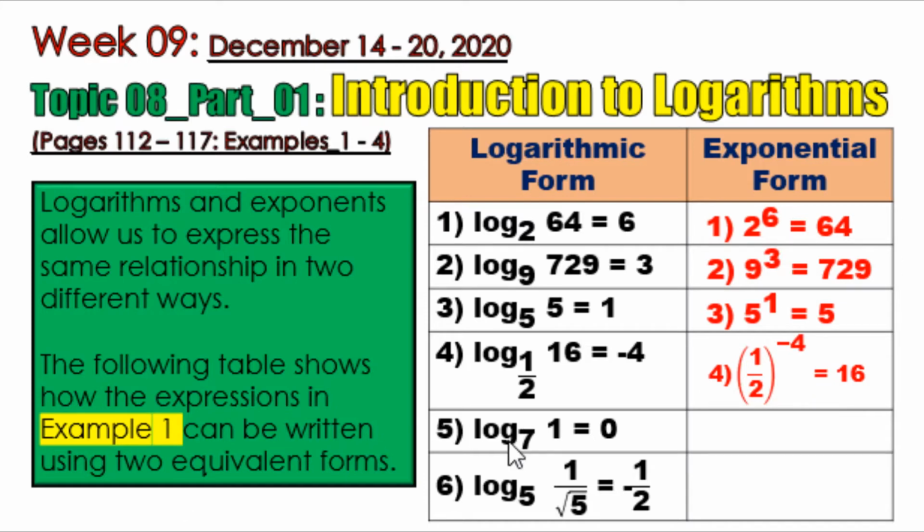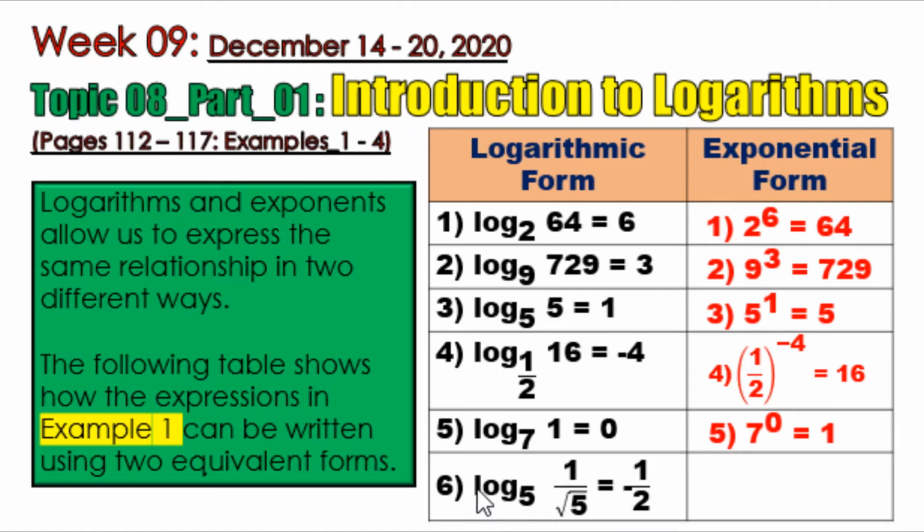For number 5, we have logarithm of 1 to the base 7 is equal to 0. So let us see if you can answer this. What do you think is the exponential form of this? Okay, so we have the base 7, the exponent is 0 to get 1. So we have 7 raised to 0 is equal to 1.